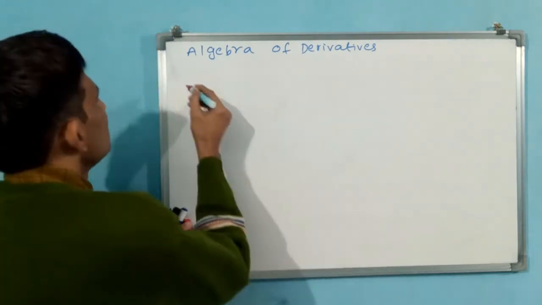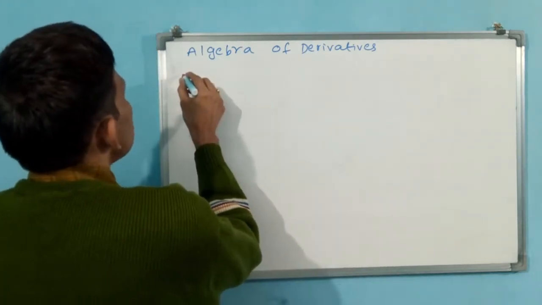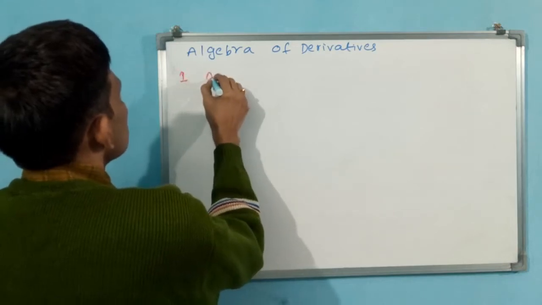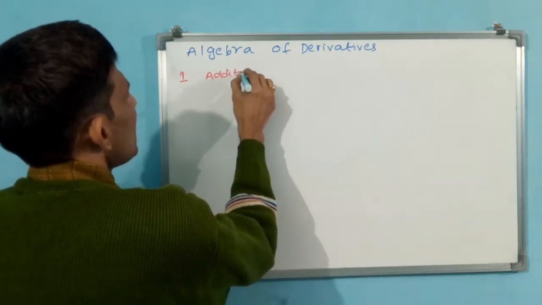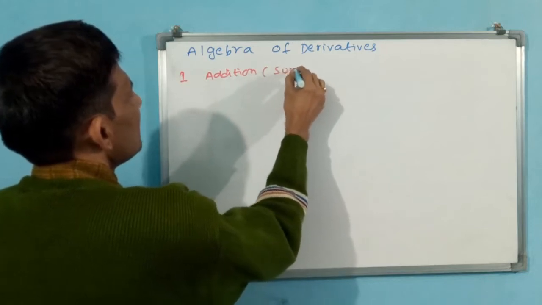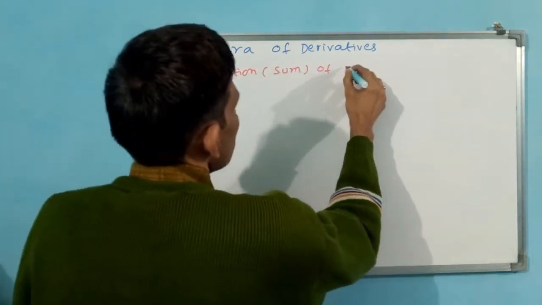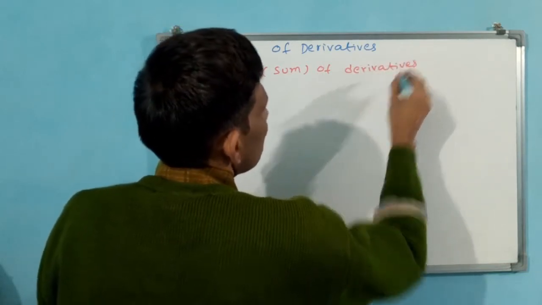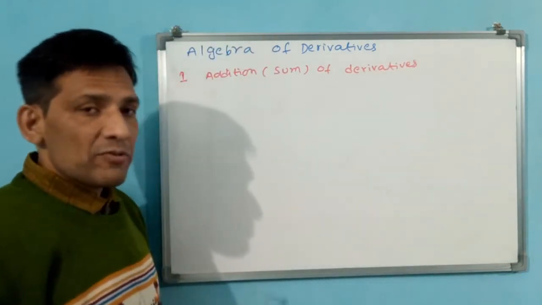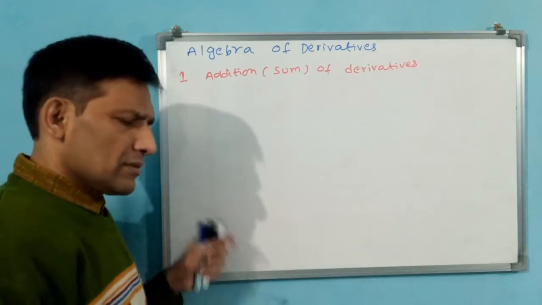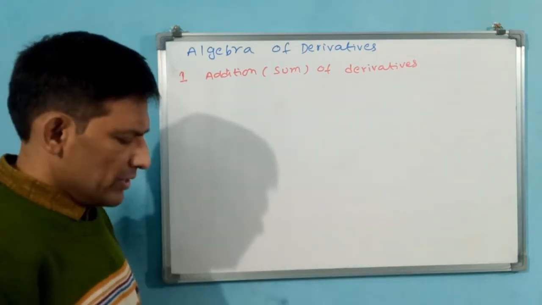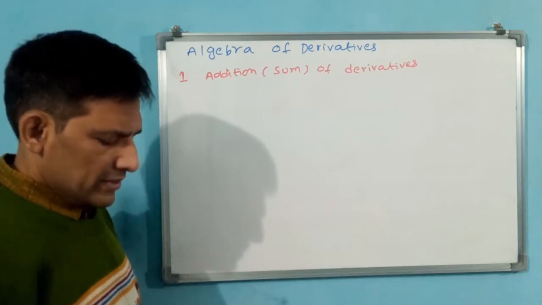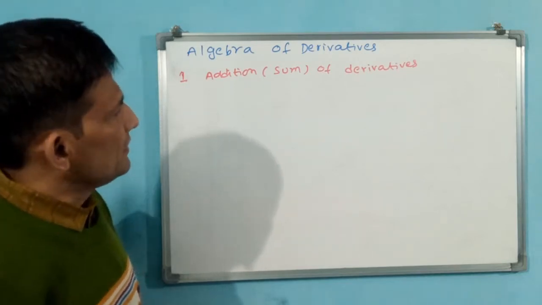See what I am writing. Number 1, the sum of derivatives. Derivatives means derivatives of functions.